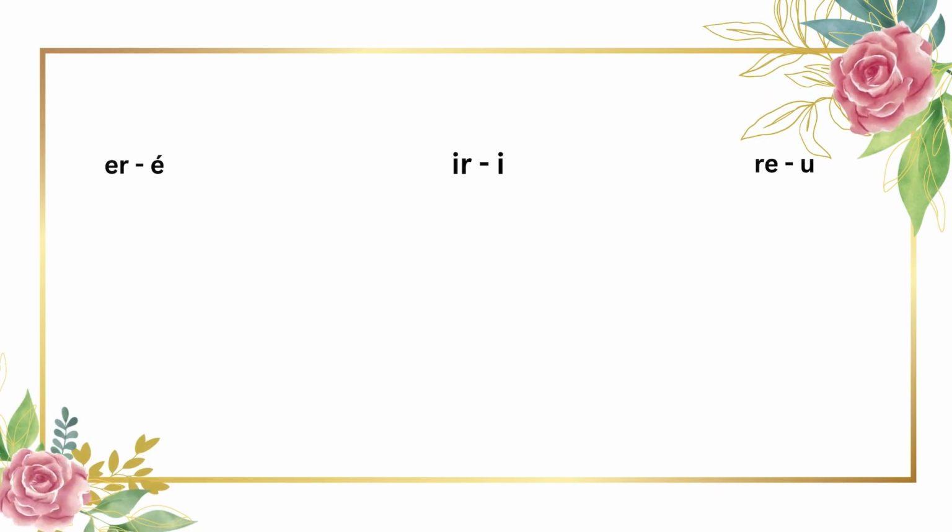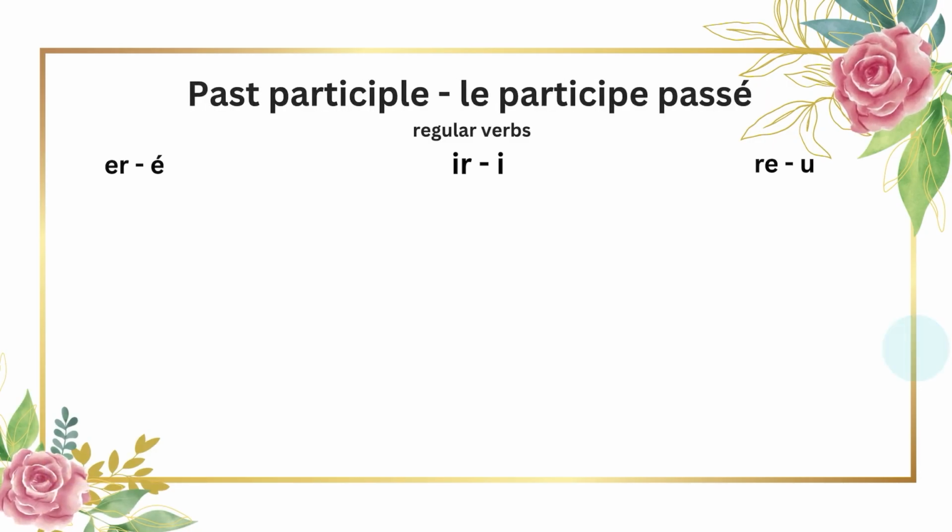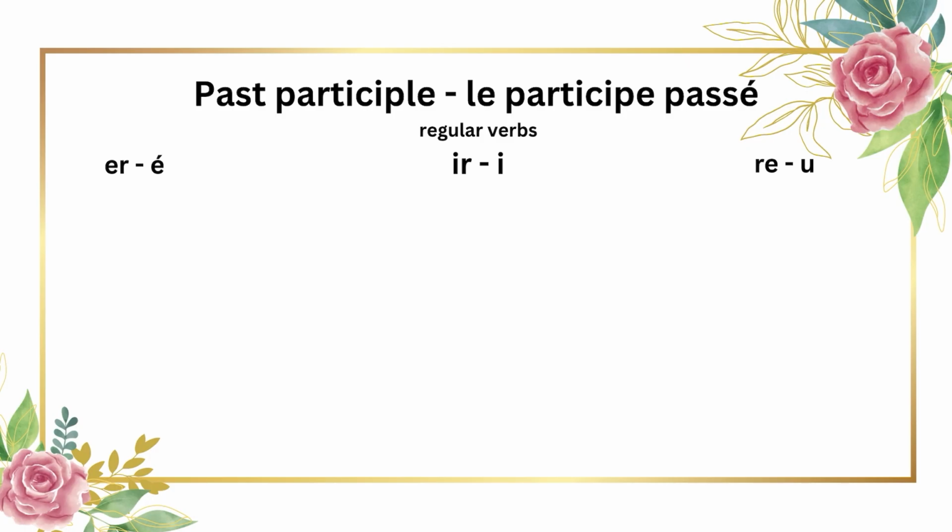In addition to that, we can also have a look at how to form the past participle of some verbs. Let's begin with the formation of the past participle for the regular verbs. For example, the regular er verbs. Verbs that are ending with er. Arriver, to arrive.